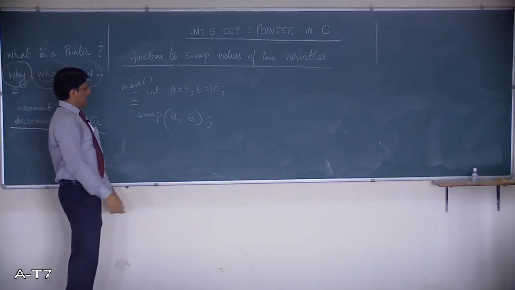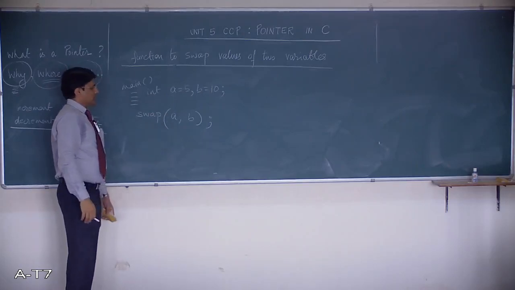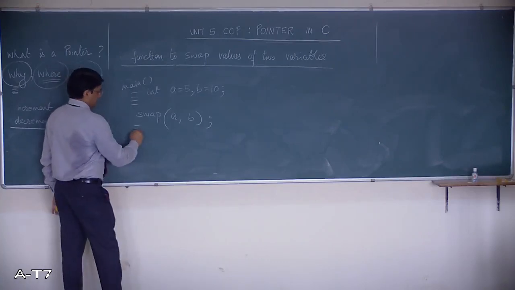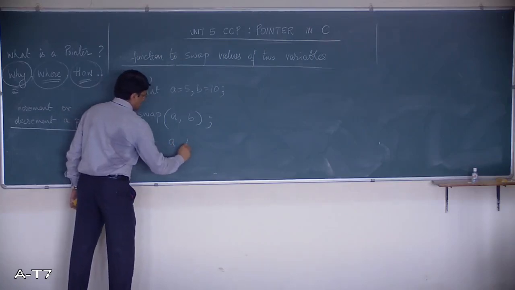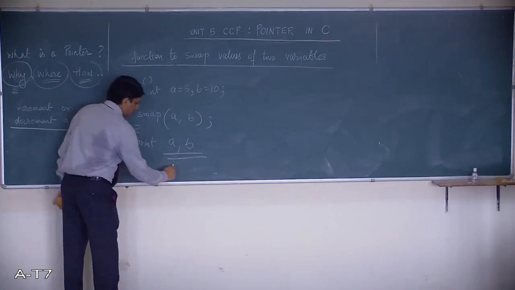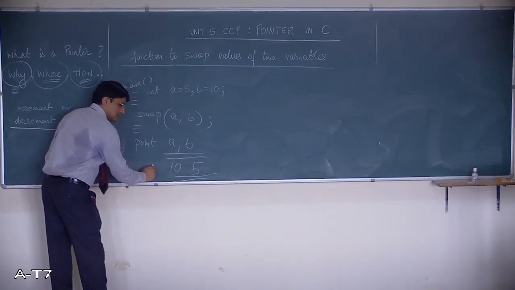Inside the main function, I'm declaring two variables, a and b, 5 and 10, and then I'm calling a function swap, passing the parameters a and b, and then I'm printing a and b. I'm expecting 10 and 5.